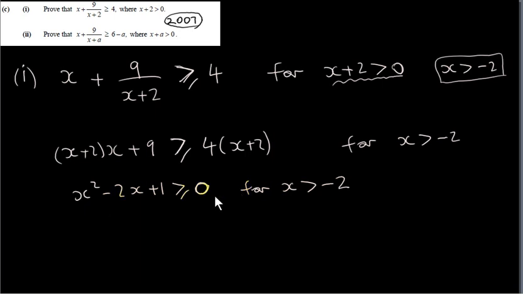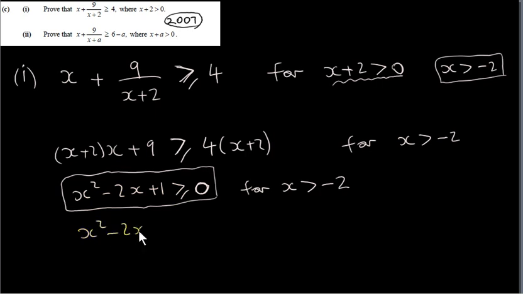Now let's see for what values of x this inequality is true, and hopefully those values of x are greater than minus 2. Well, actually, we want to look at values of x that are greater than minus 2 and see if they satisfy this inequality. So the first thing you do is look at the quadratic equation and solve it to get its roots.